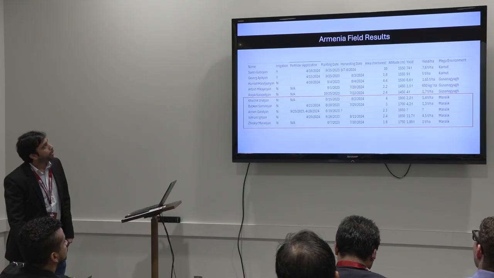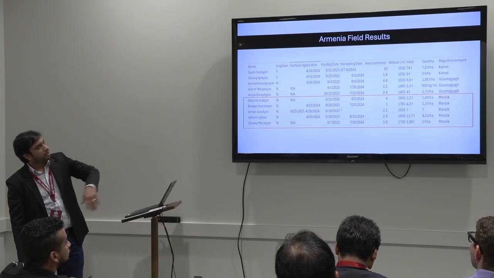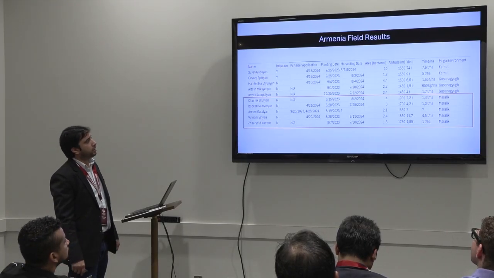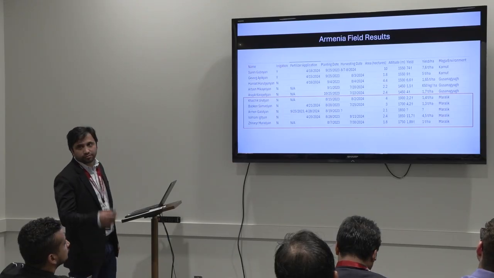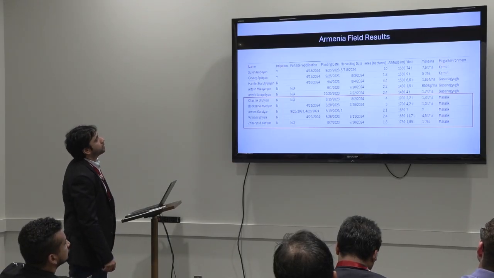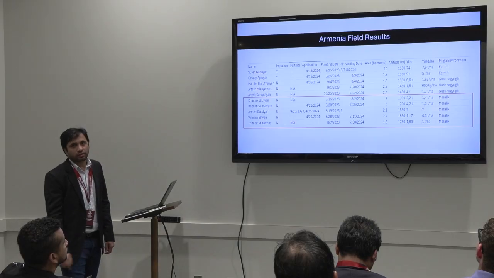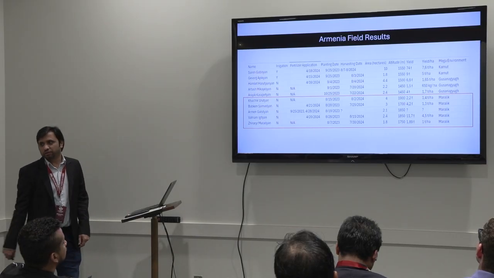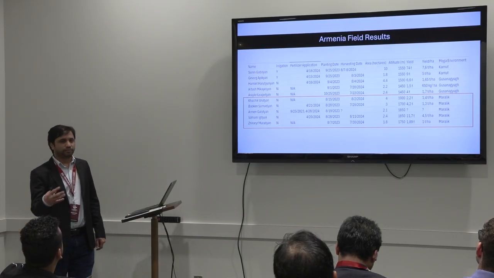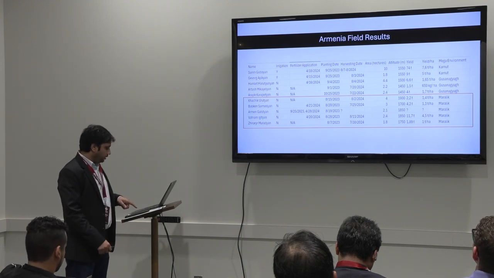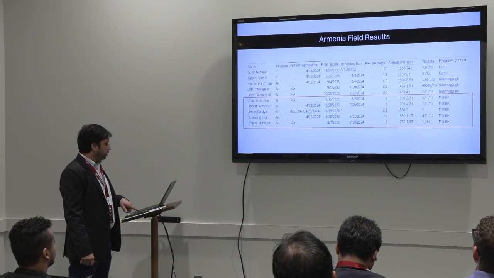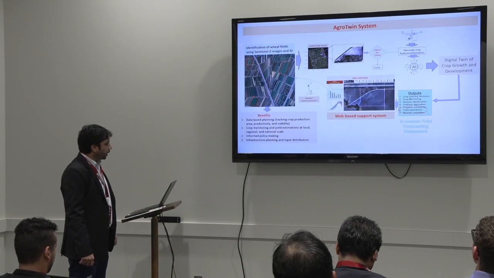And then you can see the range of yield that we see, ranging from 1 ton per hectare to 7.6 tons per hectare. So 1 hectare is 2.47 acres, so it's almost double. So we do have that range in our data set across these 10 different locations.